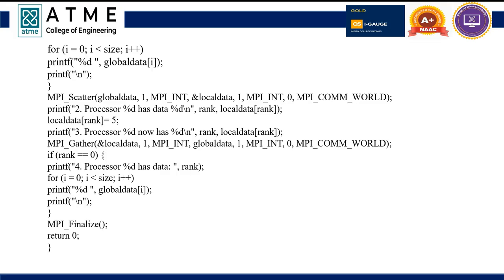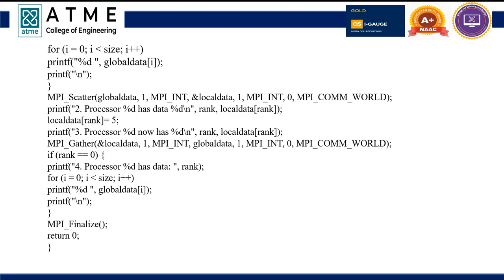Now here we are going to use MPI_Scatter. For MPI scatter, this is the syntax we are going to use in parallel computing algorithms. So in this parallel processing, the root process, that is rank 0, sends one integer to each process.